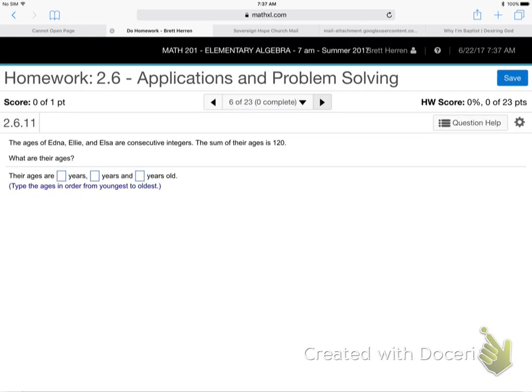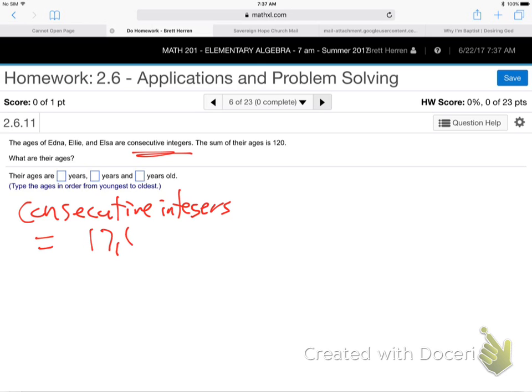Consecutive integers. Let me show you that phrase. When they say consecutive integers, numbers is just numbers. Consecutive means numbers in a row, right? So that'd be like 17, 18, 19, or 26, 27, 28, whatever. It means three numbers in a row. Now, I don't know what they are in particular.